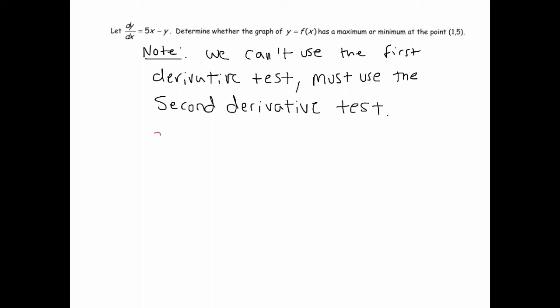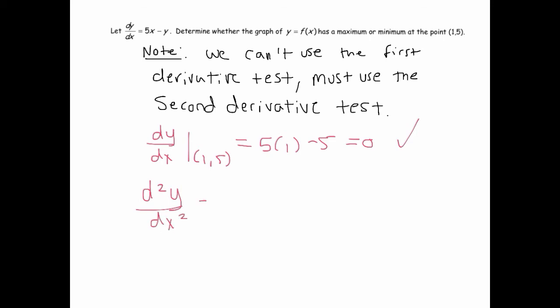So, first of all, notice that dy dx evaluated at that point is equal to 5 times 1 minus 5, which is 0. And that needs to happen, right? If there's a max or min, we need that first derivative to be equal to 0 to use the second derivative test. So now we take a look at the second derivative. Now the second derivative is going to be the derivative of the derivative.